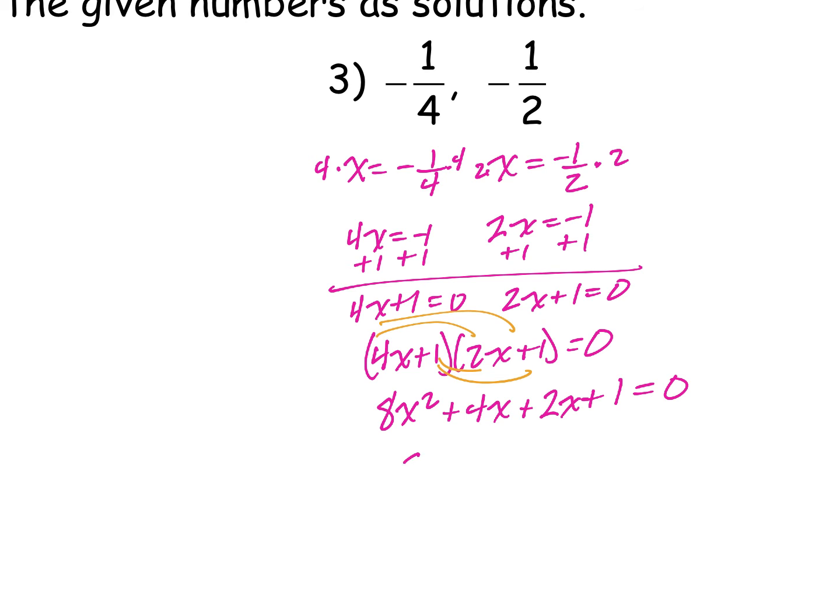So that should be 8x squared plus 6x plus 1 equals 0. And there's my answer, going from my answer back to the equation. So if I know my answer, I can find out what the equation is. Not too bad, right?